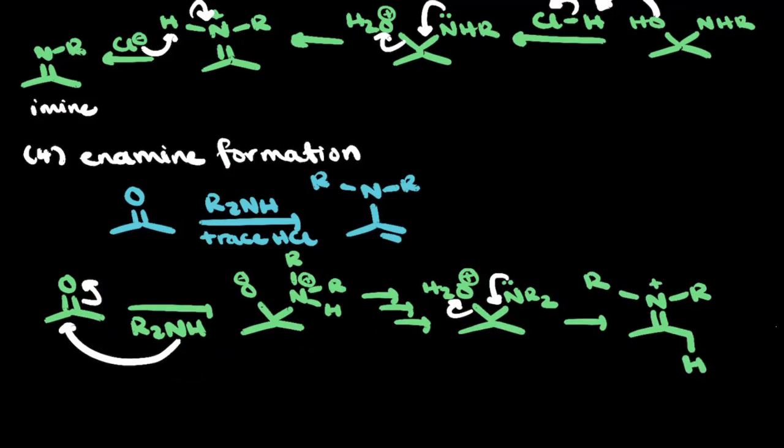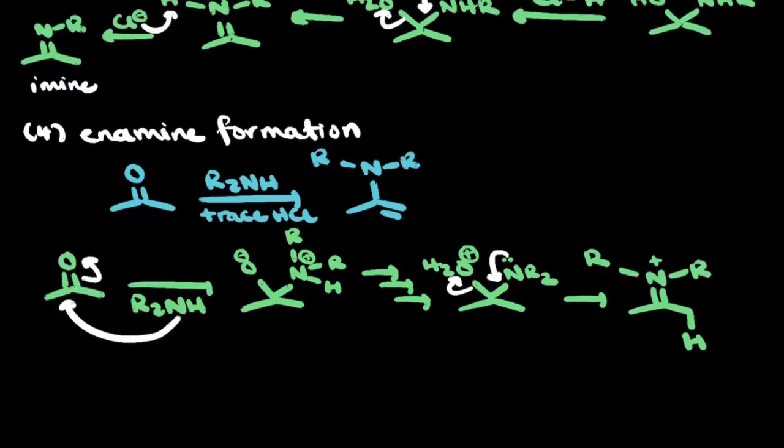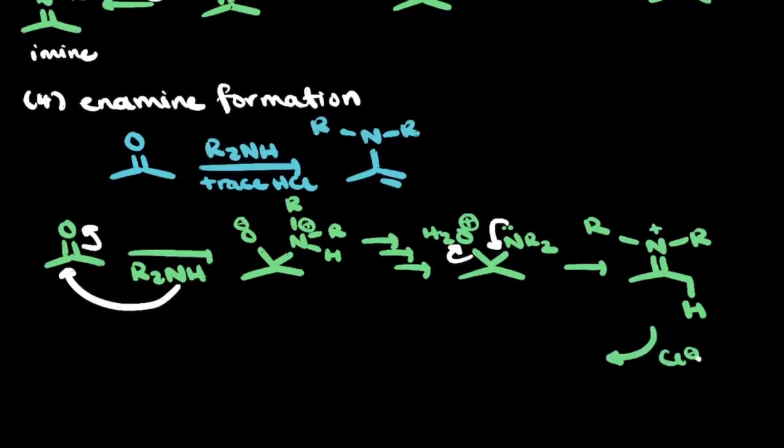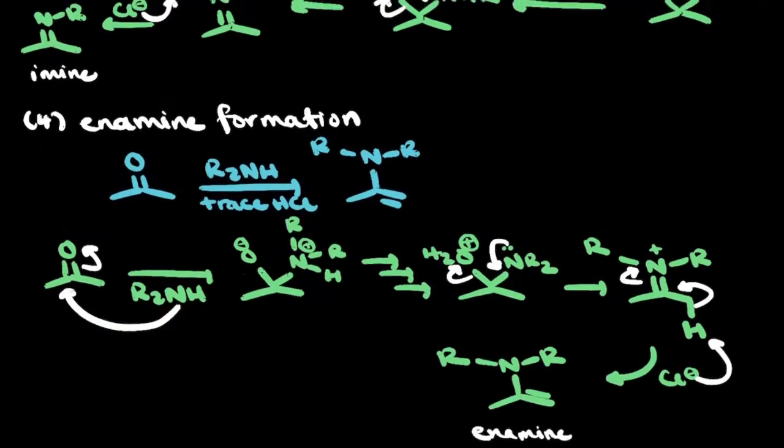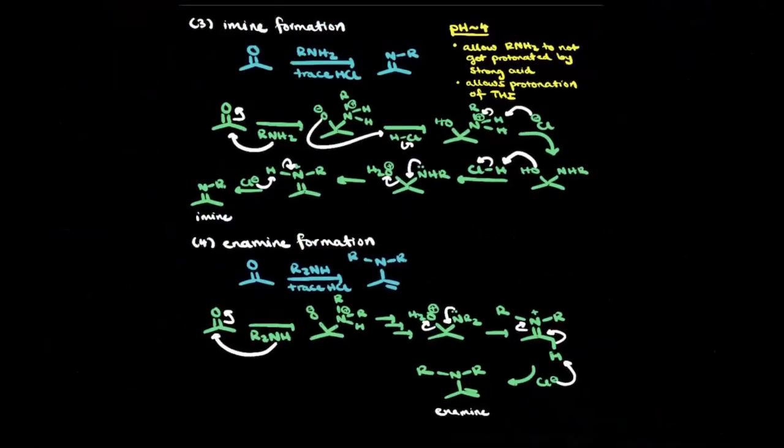Grab this proton. Form your carbon-carbon double bond there. And then send your electrons up in order to give you that final net neutral enamine. So this is how the mechanism for both imine and enamine formation works. Cool. Any questions on these?